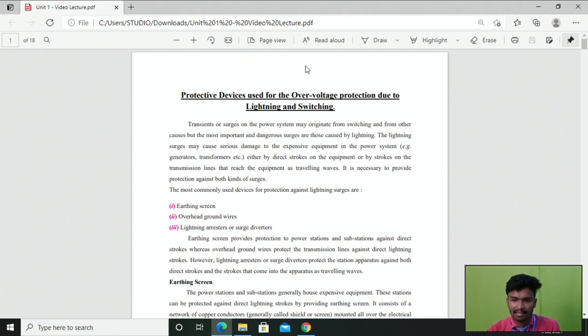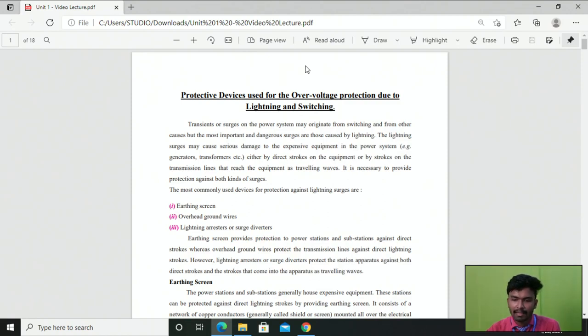If lightning directly strikes the equipment, that is called a direct lightning stroke. But instead of direct strokes, if the lightning falls on the transmission line and then travels to reach the equipment through the transmission line, it is called a traveling wave. We need to provide protection against these two problems.